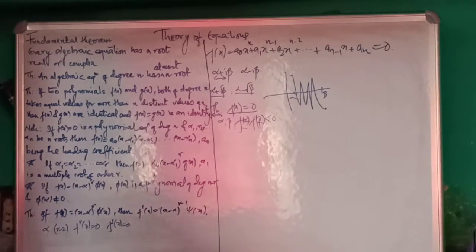There can be a single crossing also, or more than one crossing of the polynomial f of x at the x-axis. Is that clear? I think you have done these things in differential calculus and numerical analysis also.